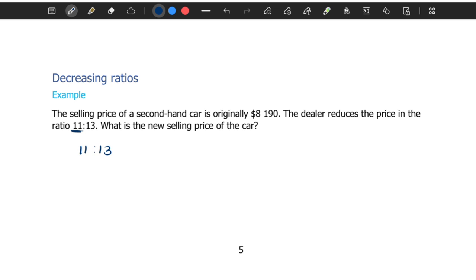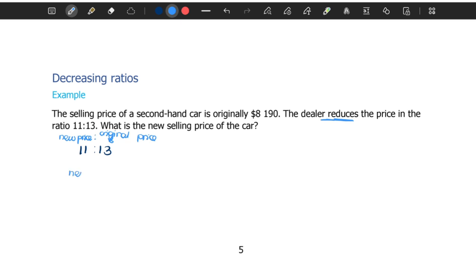That means that the original is, okay, that means that the original is larger, right? Because it was reduced. So if the original price is higher, then this is the original price and the new price.